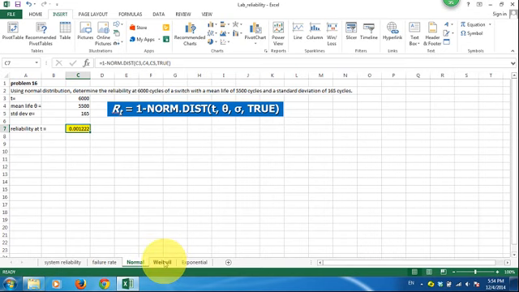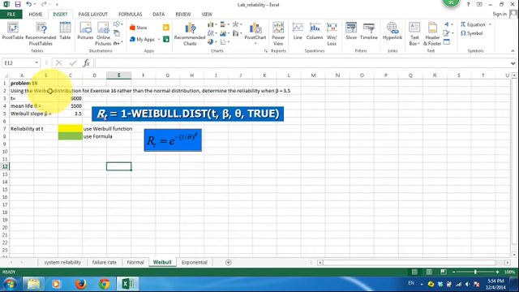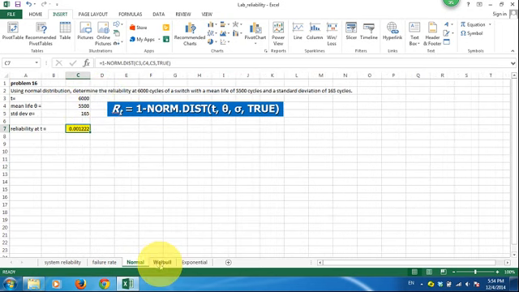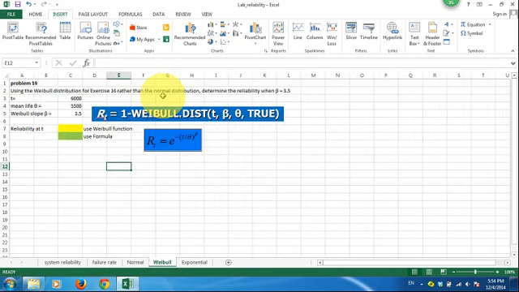Next we use a Weibull distribution for exercise 16. We still use the values here, but instead of a normal distribution, we want to determine the reliability using a Weibull distribution when the slope of the Weibull is 3.5.